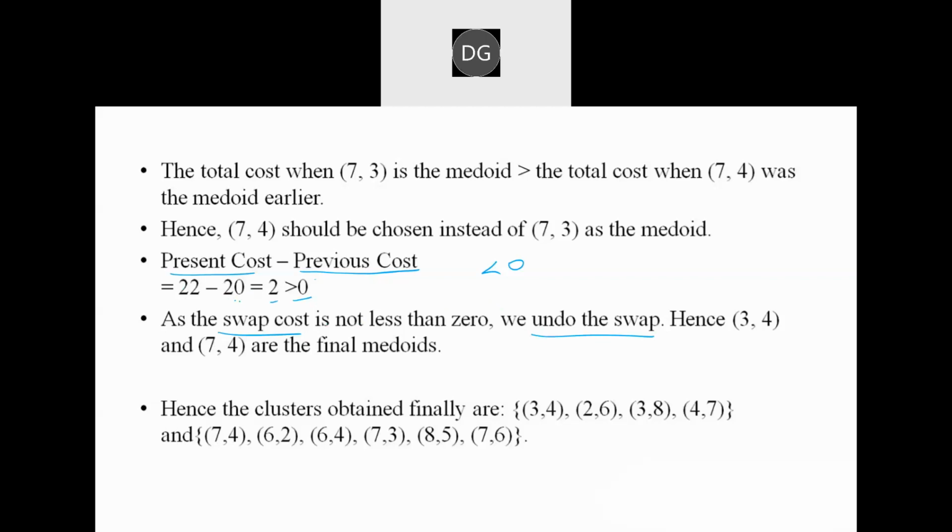So what we are doing, we are coming to a conclusion that 3 comma 4 and 7 comma 4 are our final medoids. Here I have taken only two combinations, so from that I am taking the first combination itself, the best one.